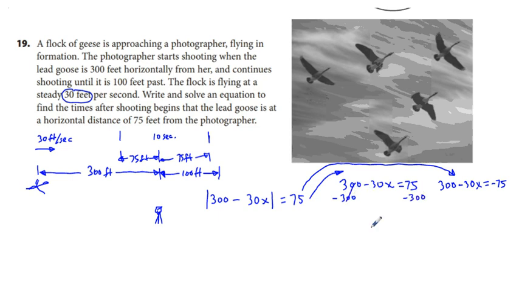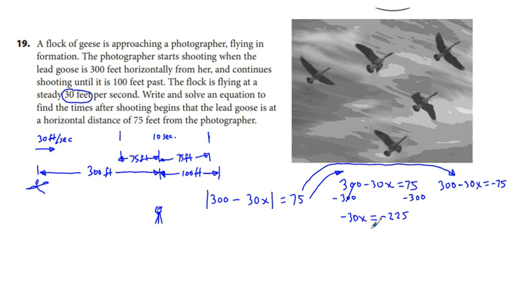So what we get is negative 30x equals 75 minus 300, which is going to be negative 225 feet.